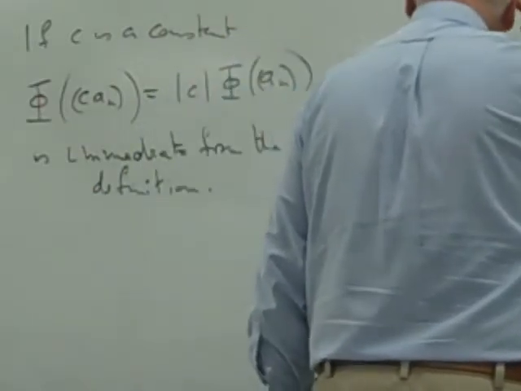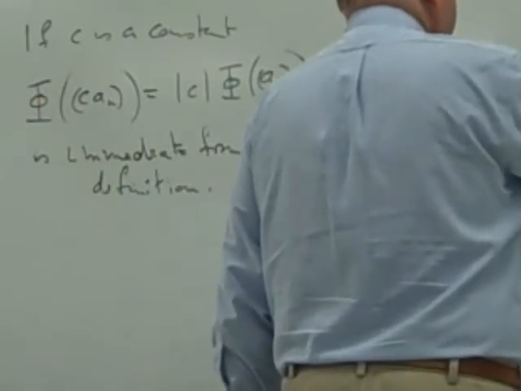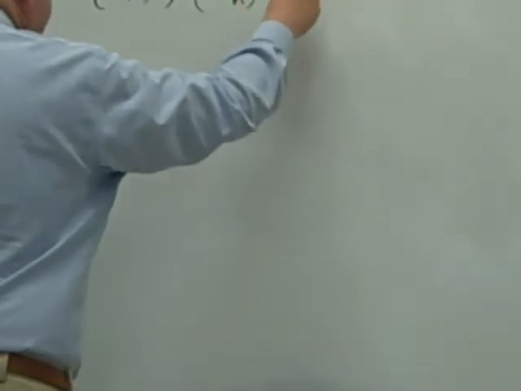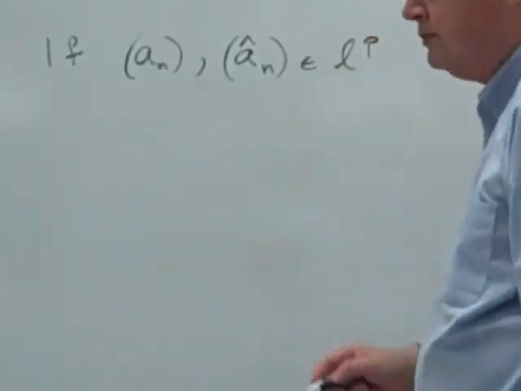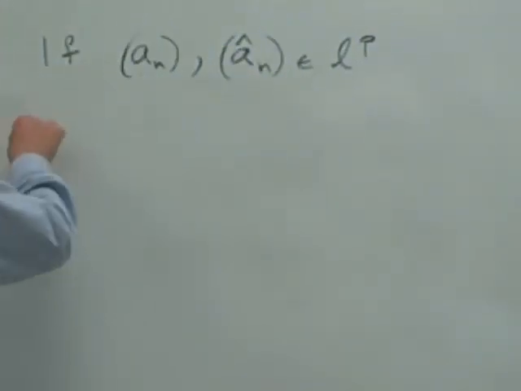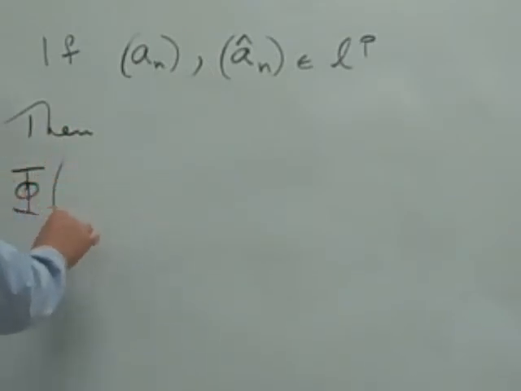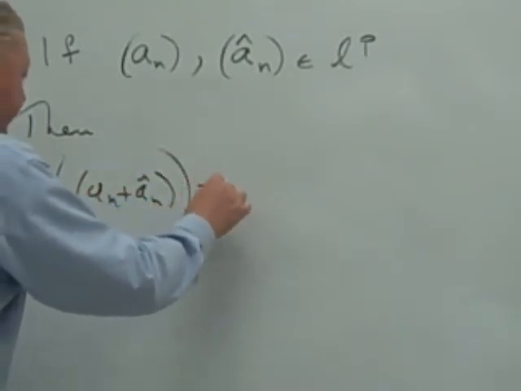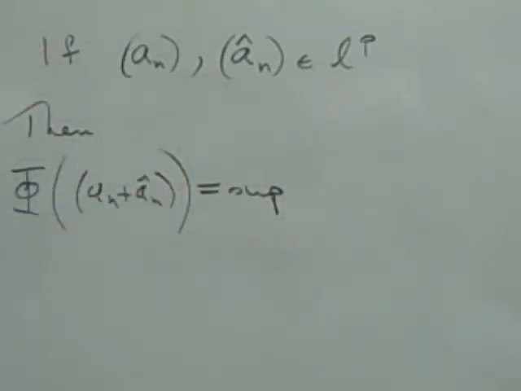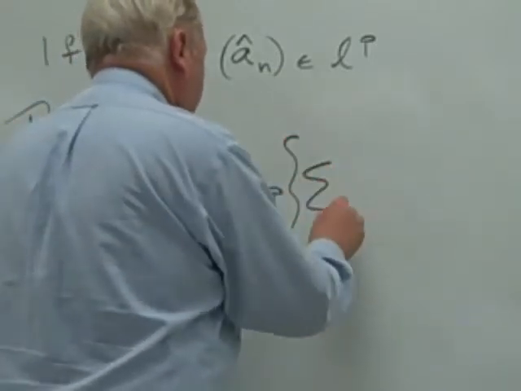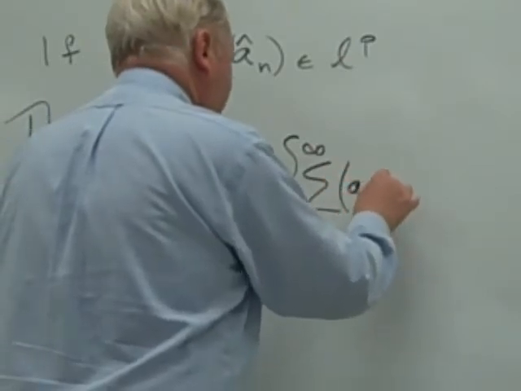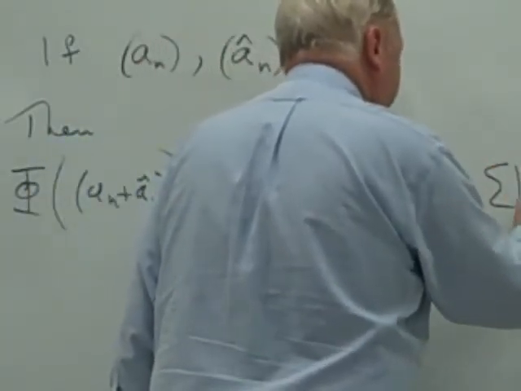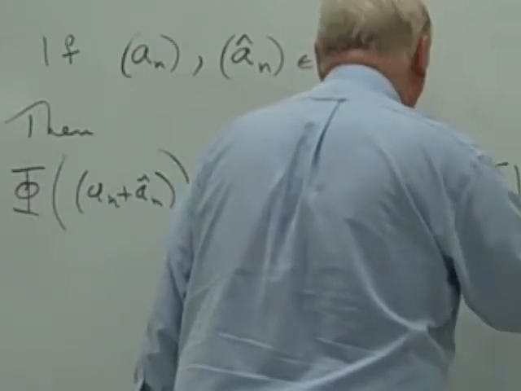So if a_n and a_n hat are in little l^p, then phi of the sum is the supremum of the sum from 1 to infinity of (a_n plus a_n hat) times b_n, such that the sum of the absolute value of b_n to the q is equal to 1.